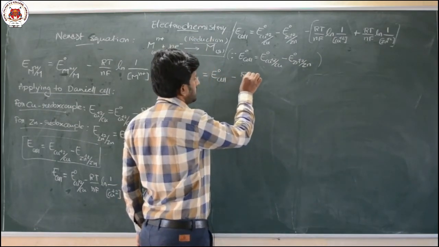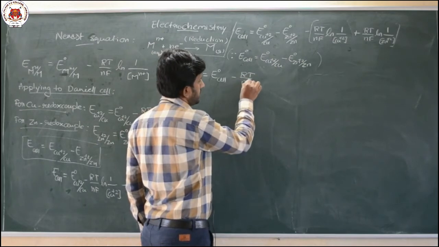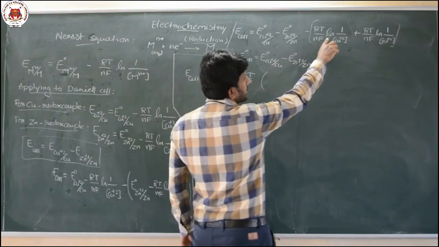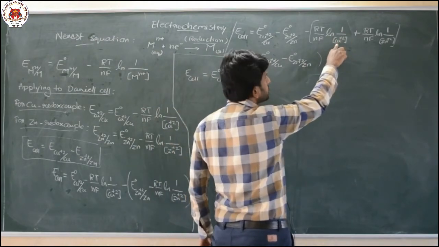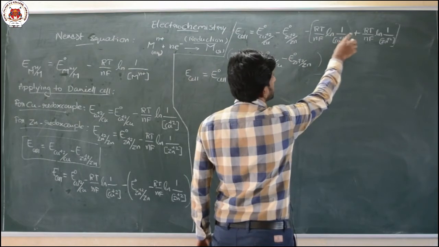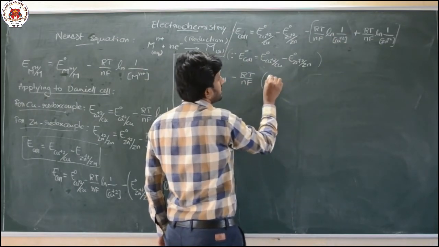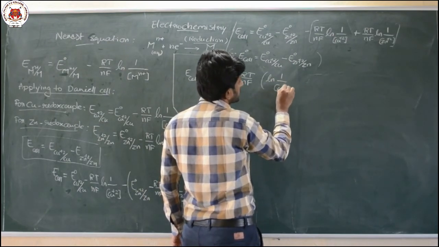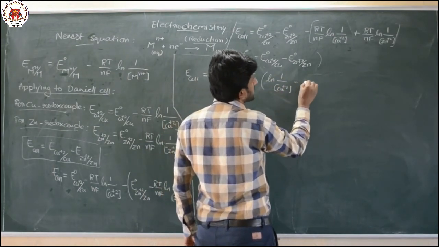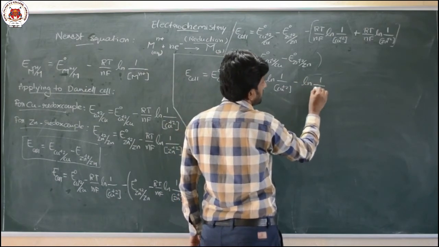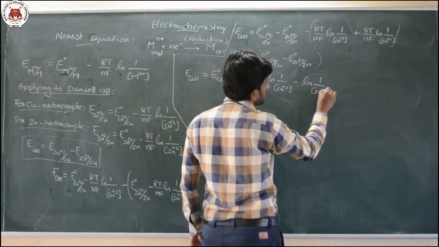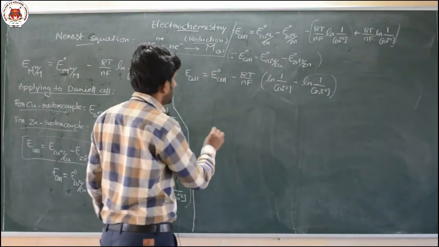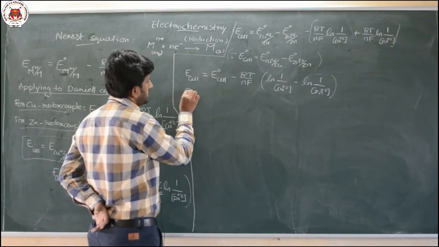So RT by nF common. Then what is the remaining thing here? ln 1 by Cu plus 2 concentration minus ln 1 by Zn plus 2 concentration, right or not?